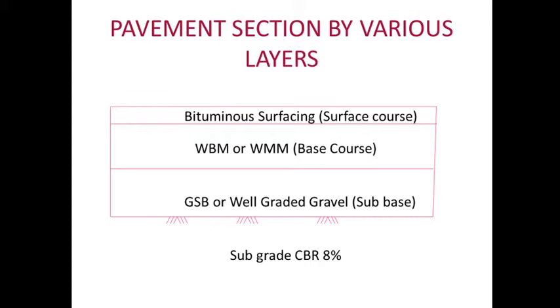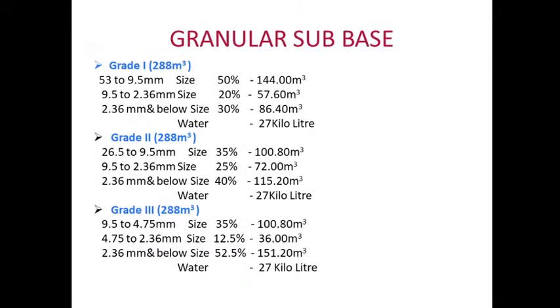Then granular subbase: one day outturn in our Indian condition is 288 cubic meter. Out of the 288 cubic meter in grade 1, 53 to 9.5 mm size is 50%, 144 cubic meter; 9.5 to 2.36 mm size is 20%, 57.6 cubic meter; and 2.36 mm and below size is 30%.